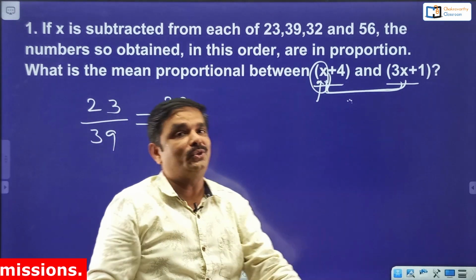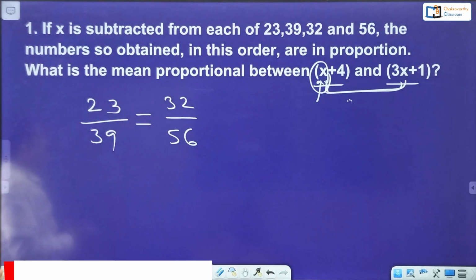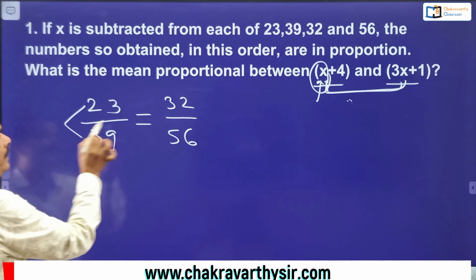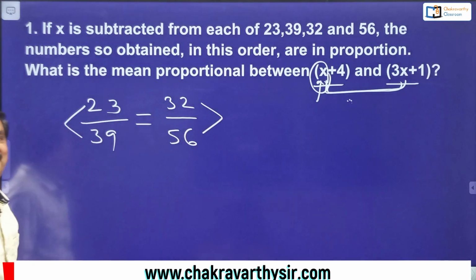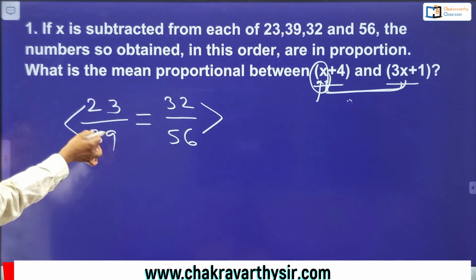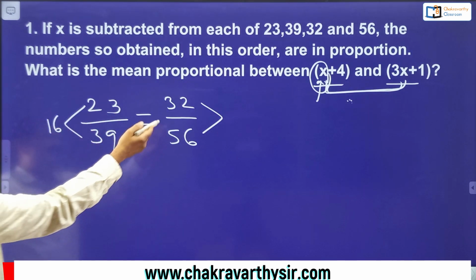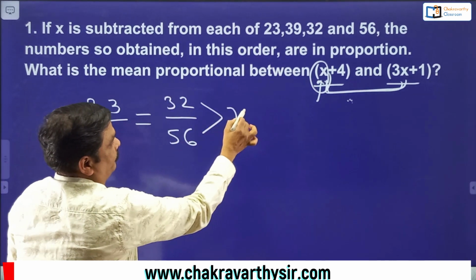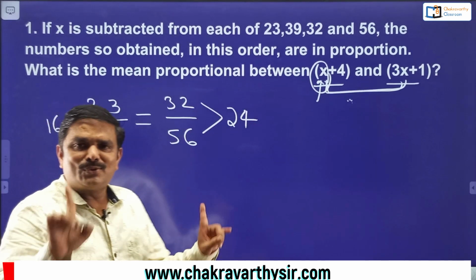But according to the shortcut, students, this is the first step. The second step is simply take the difference here and here. Okay, now what's the difference here? 23 and 39. So 7 plus 9, 16 here. And this is 8 means that is 40. Then this is 16 plus 8, 24 is the difference. Second step.